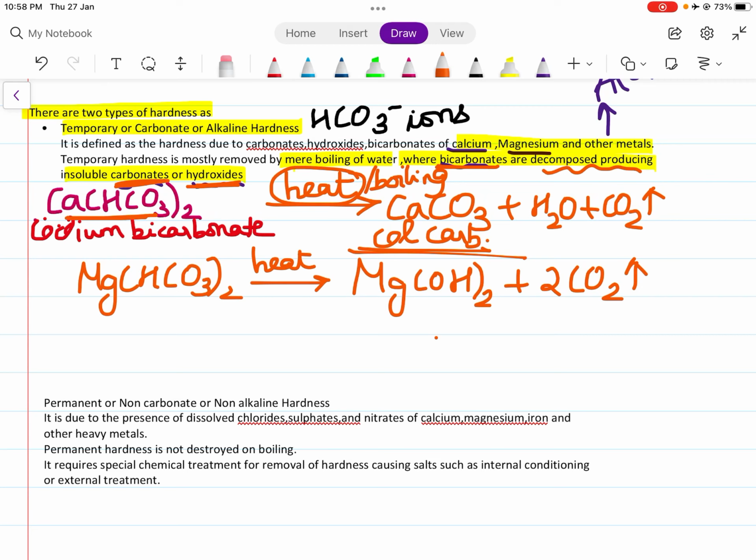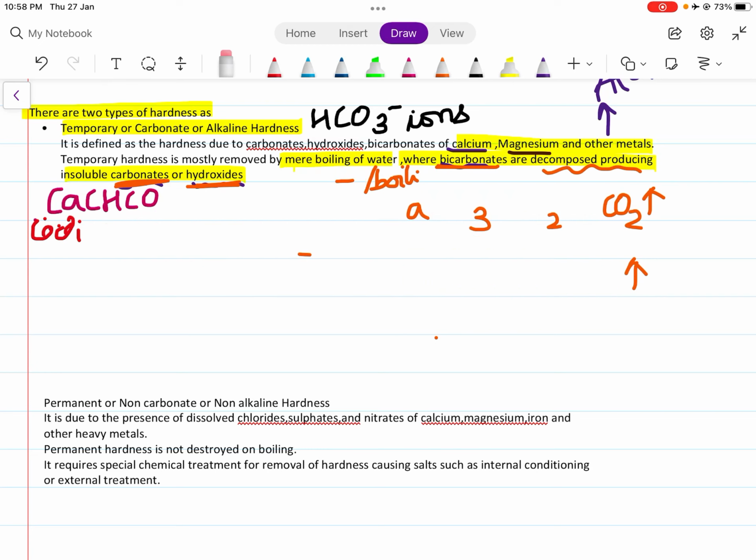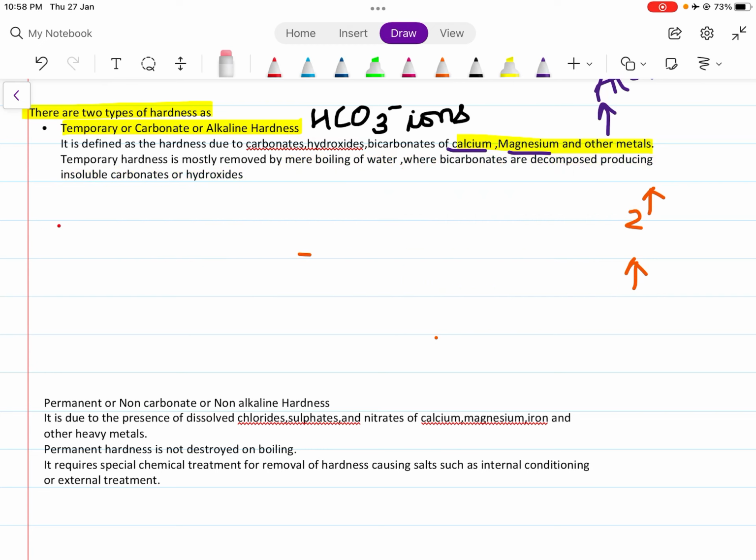Clear? This is very, very important. These two reactions were very important. We have further reactions to study. Let's see the further reactions.